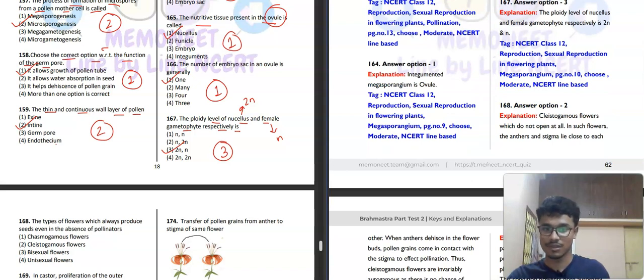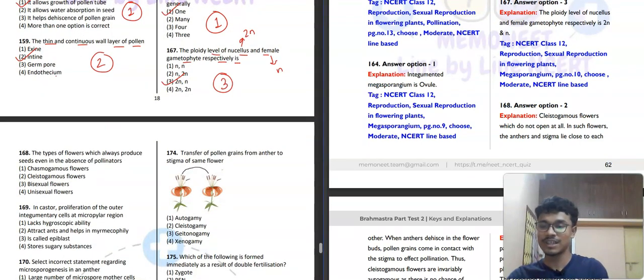168. It is saying that the type of flower which always produces seeds even in the absence of pollinators. Let's read the options as well: chasmogamous flower, clistogamous flower, bisexual flower or unisexual flower.